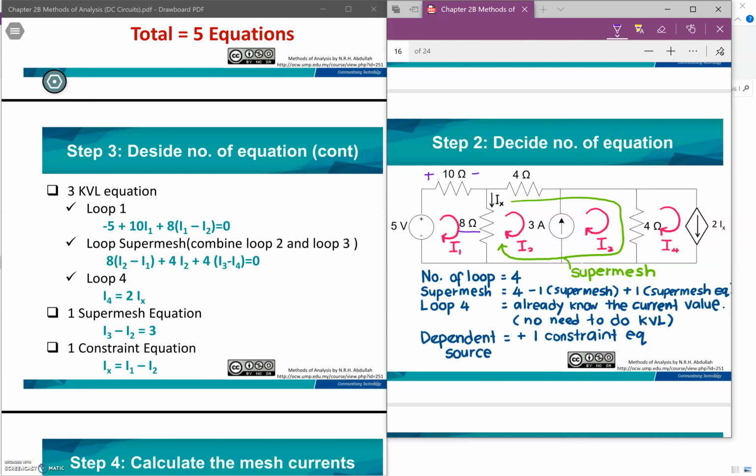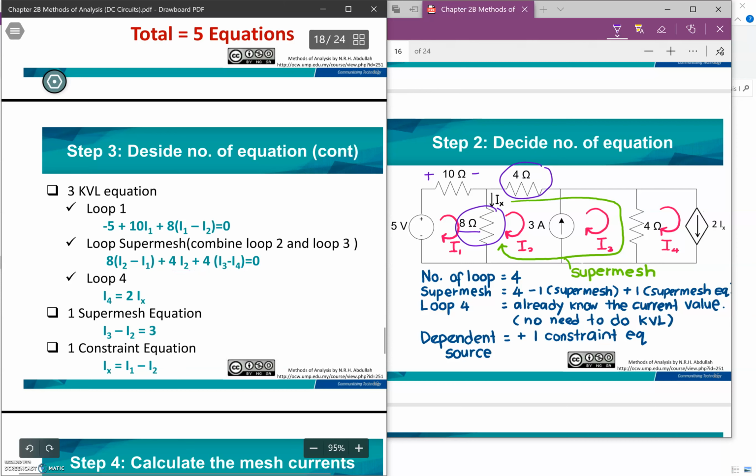As for the loop at the supermesh, you have to combine loop 2 and loop 3. So in loop 2, I2 is dominant. You have to combine the X ohm with the 4 ohm for loop I2. So for the first equation, X times I2 minus I1, plus 4 I2.